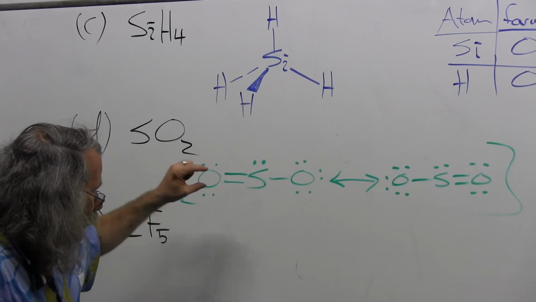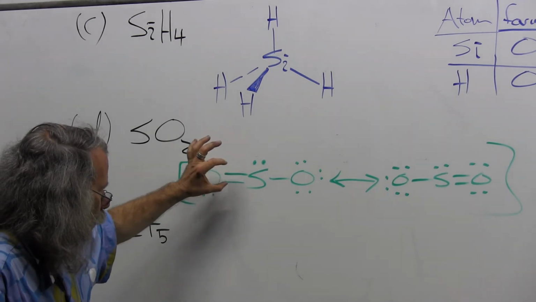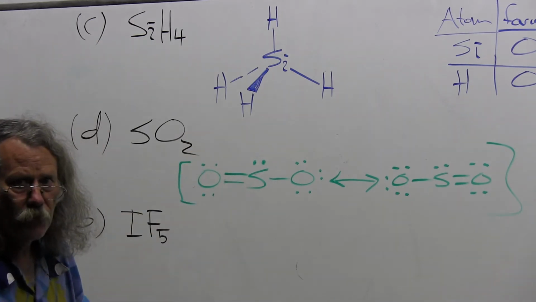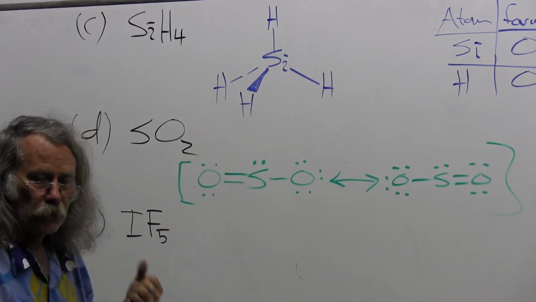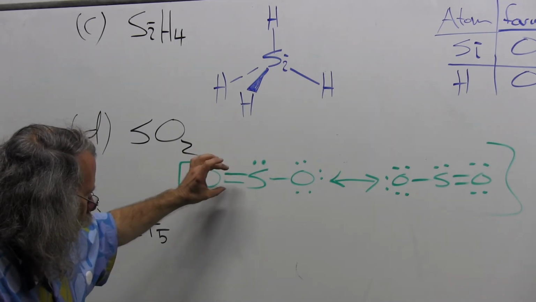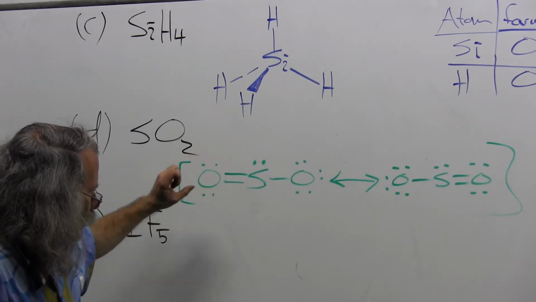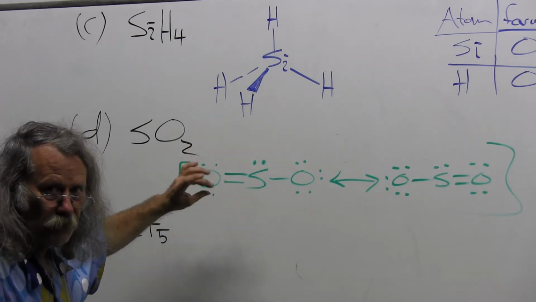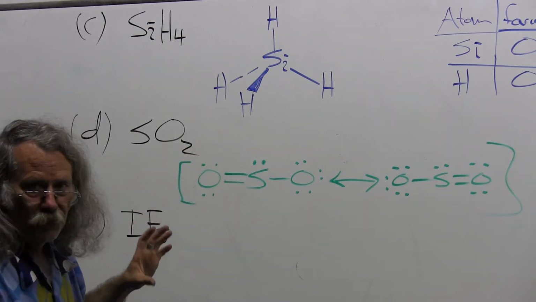Well, here again, we're going to have to take into account that for geometric considerations, and that has to do with electron pair repulsion, this double bond is localized between the sulfur and the oxygen, so we treat a multiple bond, a double bond, a triple bond, and a single bond, all the same.